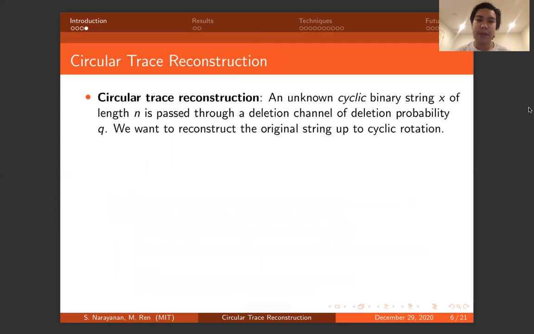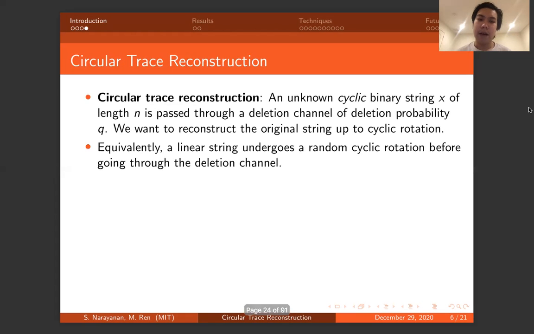So the new variant that we introduce is circular trace reconstruction. It's essentially the same, except instead of linear binary strings, we have cyclic binary strings, or circular binary strings, of length n, and we're passing them through a deletion channel with probability q, and the remaining bits are concatenated into smaller circular strings, and we want to reconstruct the original string up to cyclic rotation.